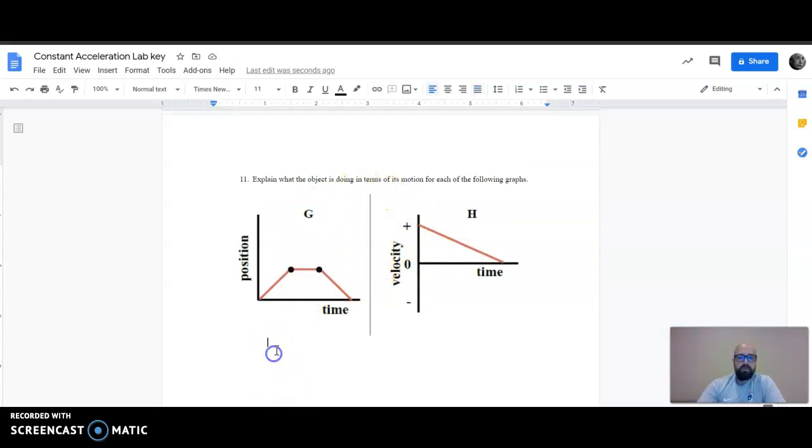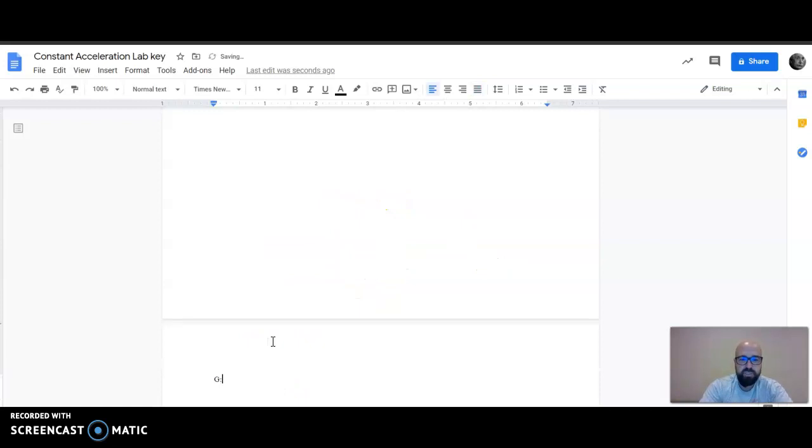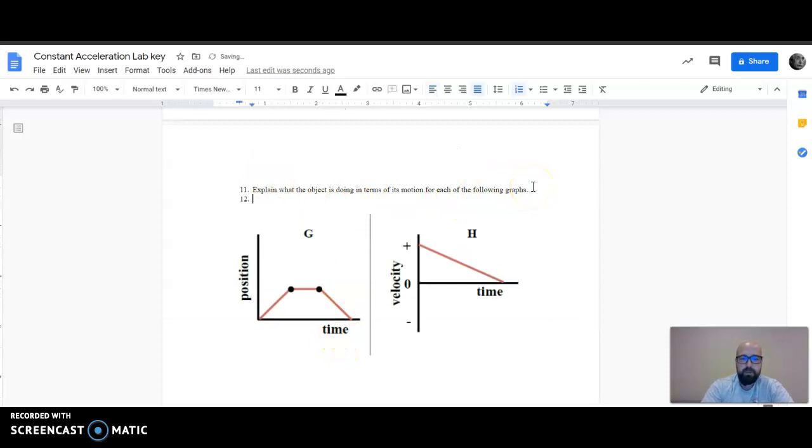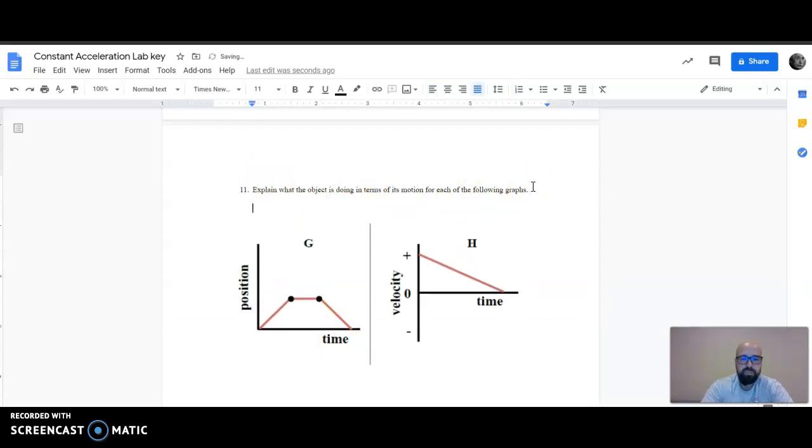But in terms of the motions, so here I would say for G, because this is position time, so what's key is, remember, being able to read these axes. So position time like this means that I go away from where I started, my position goes up, my position doesn't change, and then I come back to where I started.